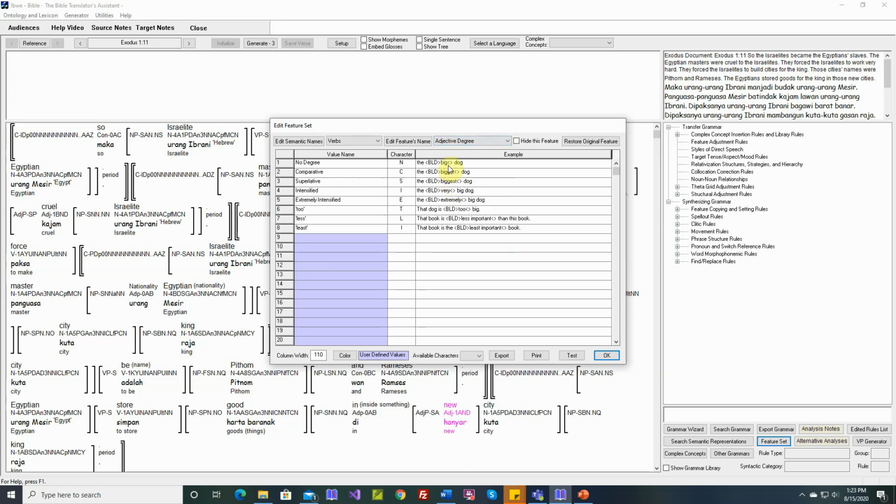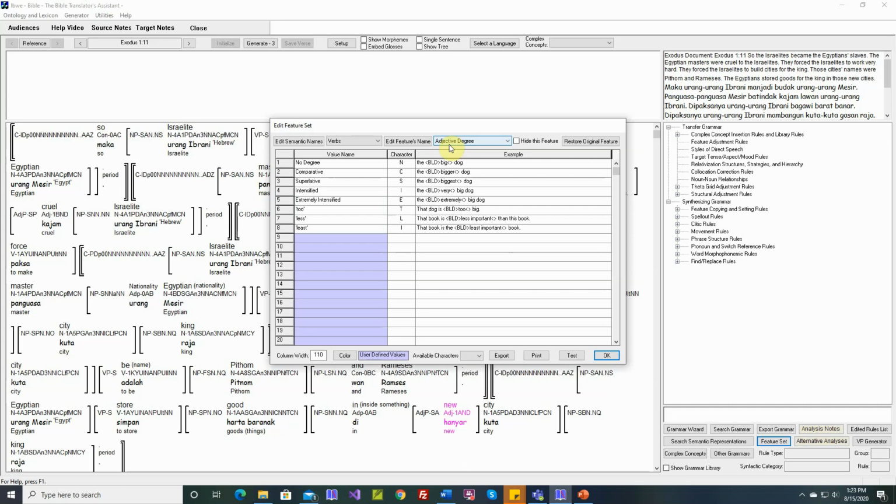Okay, adjective degree. This is a feature that's set aside. In a future video, we'll talk about how you can write rules that convert adjectives to verbs. The semantic representations are highly influenced by English, and English has lots of adjectives. Many languages will use verbs in places where English uses adjectives. So we've made it very simple for you to write rules that convert our adjectives to verbs in your target language.